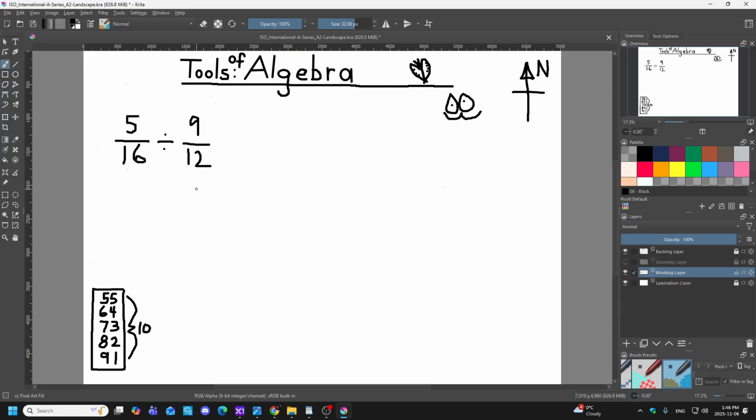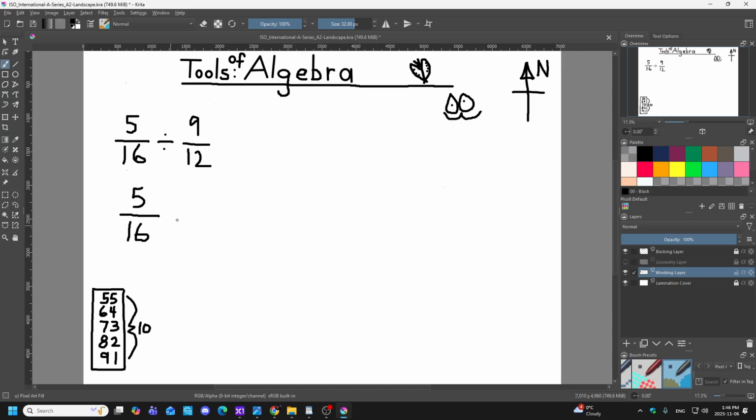Now, here we have a division. It's not so scary. Again, like I said, multiplication and division of fractions is so much easier. It truly is. So, all you need to do is take this one here and just repeat what you have written there.